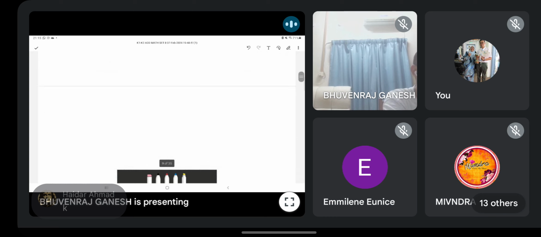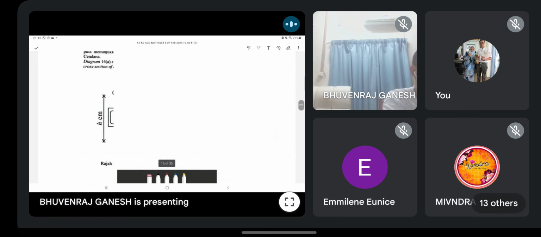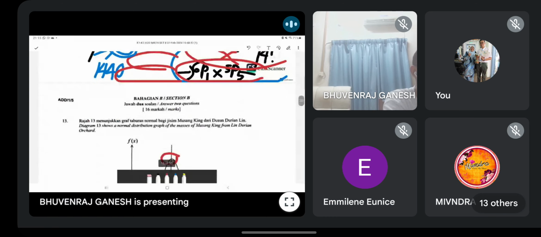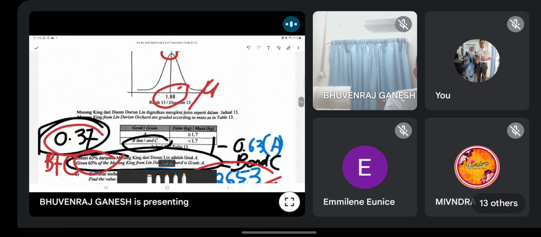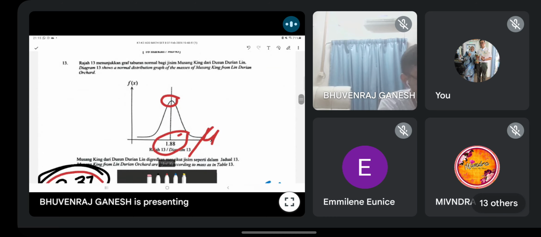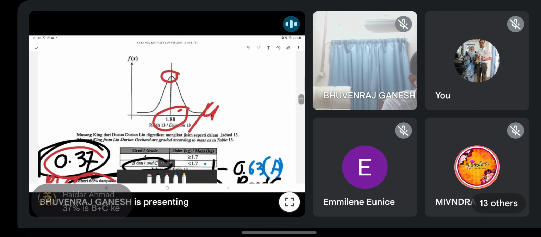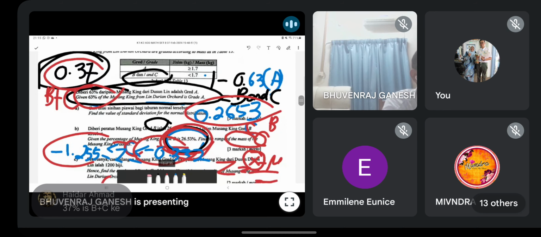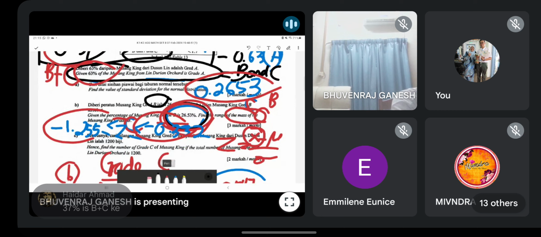Okay. So now, where is it? Okay, this one. So can you see, guys? Mana score Z? Where's the standard deviation? Standard deviation tak bagi. Already got from here. Part A.